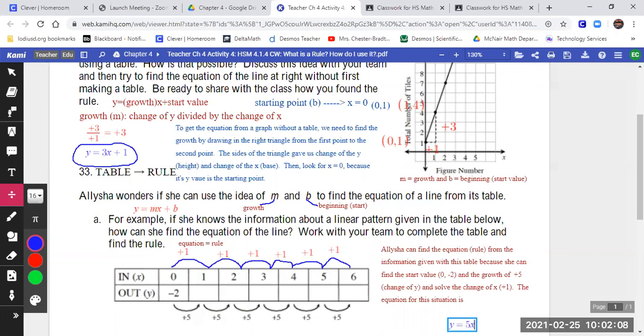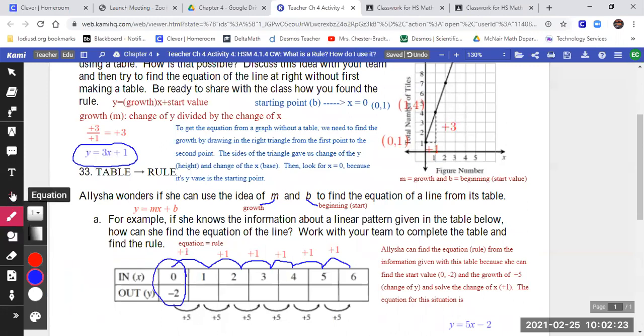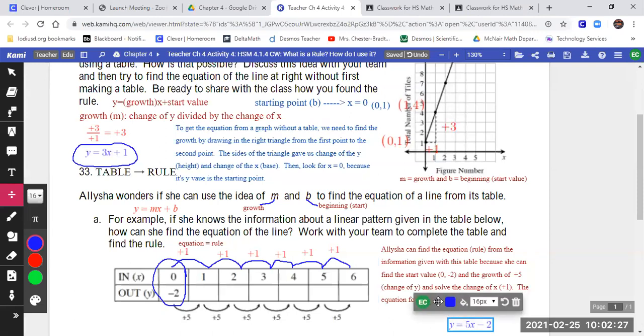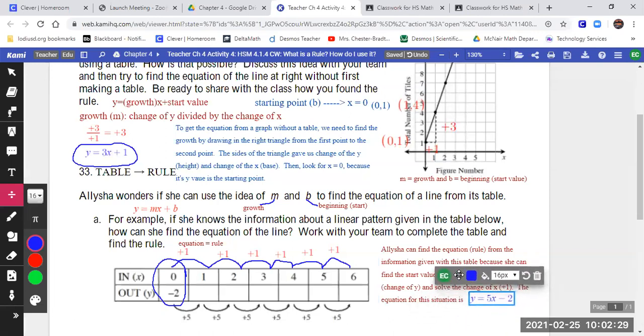Y equals 5x minus 2, because the start was at -2, right? Our start, our two pieces of growth. Now, it was an easy one because the growth for the x's was going by 1, but you can't assume that. You can't assume that.